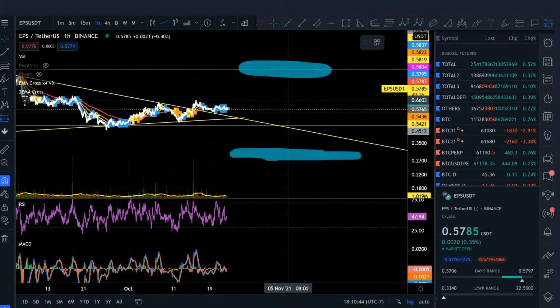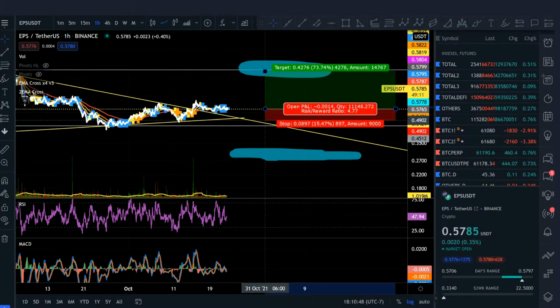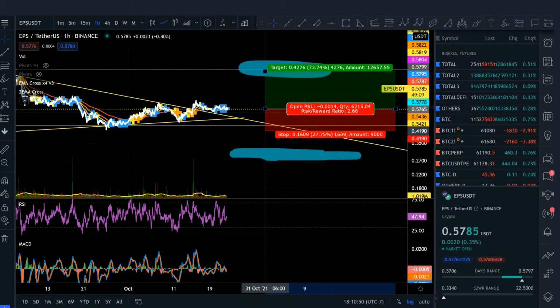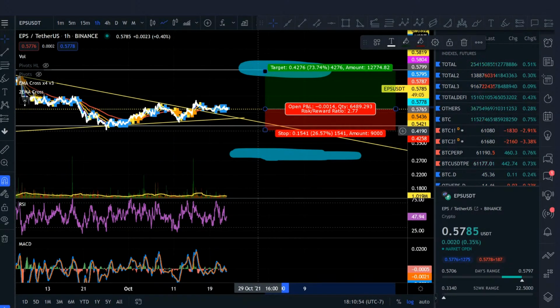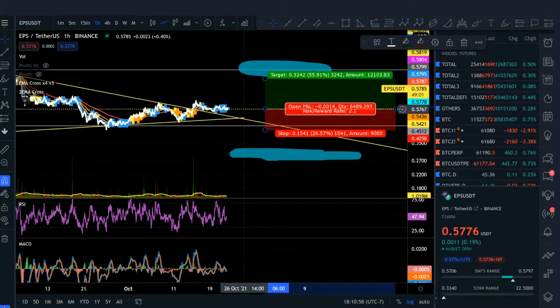If somebody's trying to long it, you have to understand your risk. The risk is very large, because if it crashes down, it's negative 25% downside risk. So please, maybe do not put all your money in this coin, because it's such a small, low liquidity, low volume coin that if it crashes, you're probably going to lose a significant amount of money.